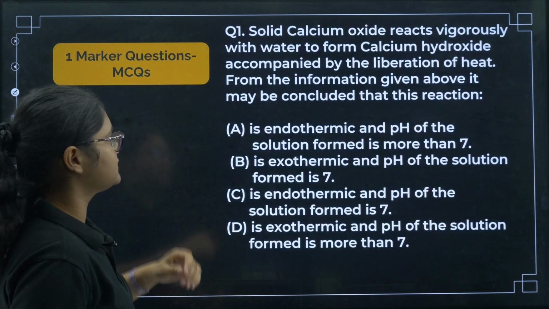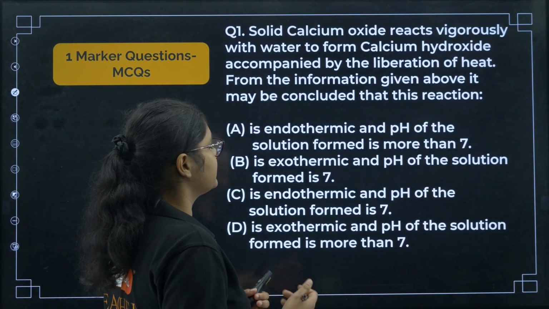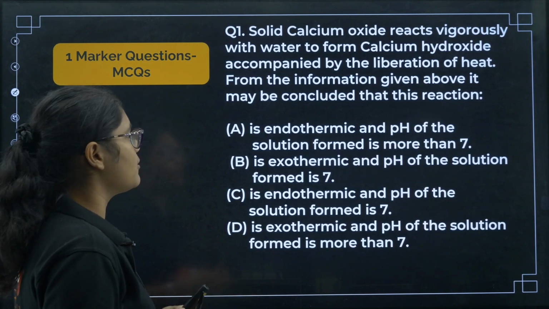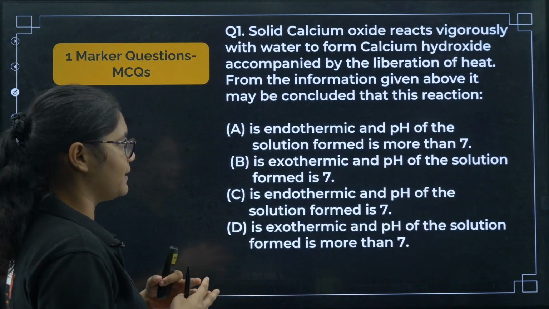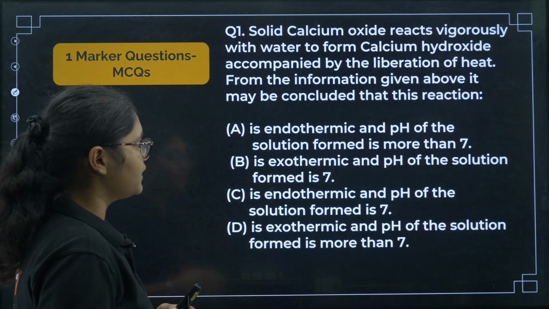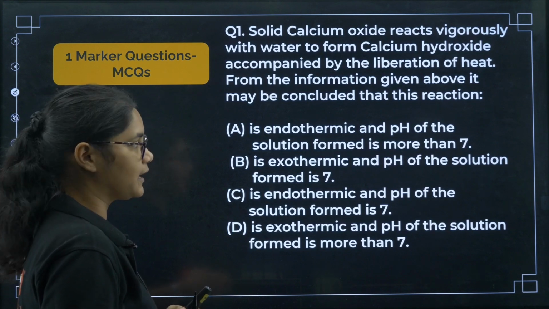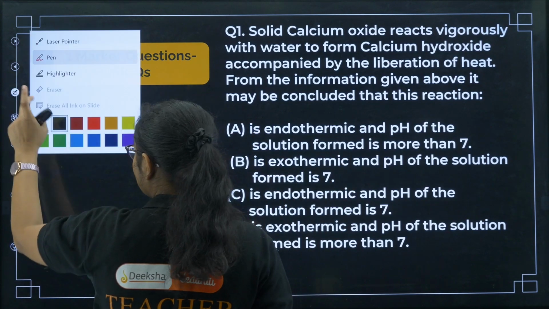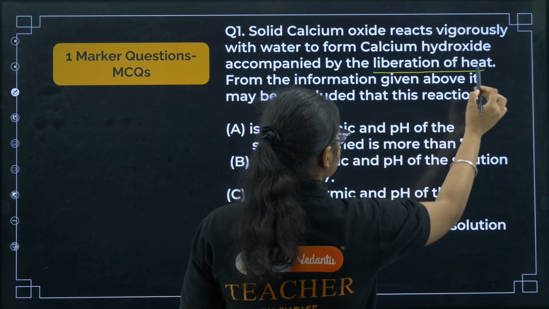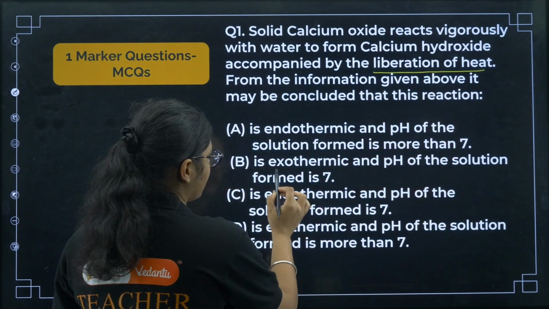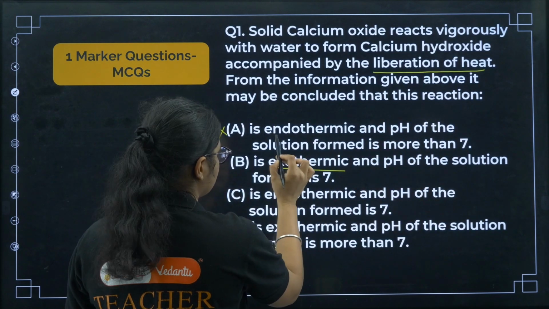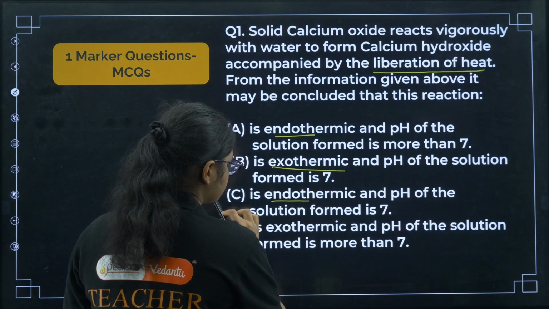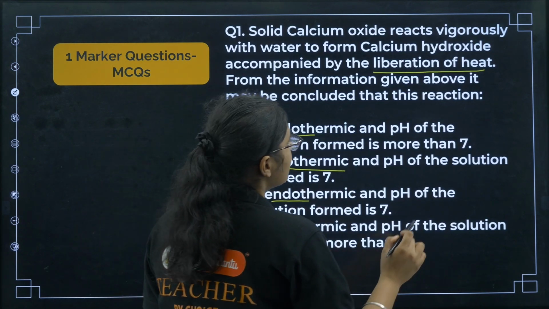The first question is, solid calcium oxide reacts vigorously with water to form calcium hydroxide accompanied by the liberation of heat. From the information given below, it may be concluded that this reaction... you can see that liberation of heat is there, that means it must be exothermic. So we can eliminate the endothermic options.